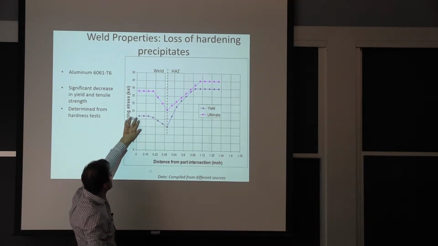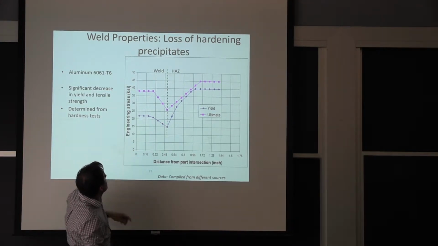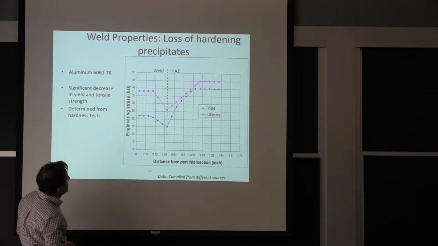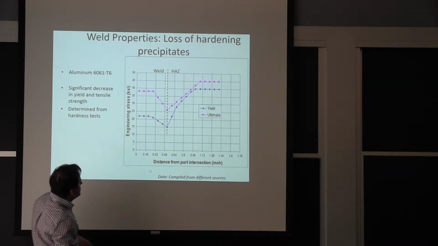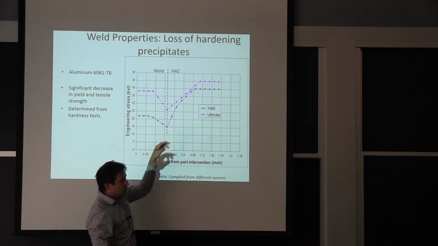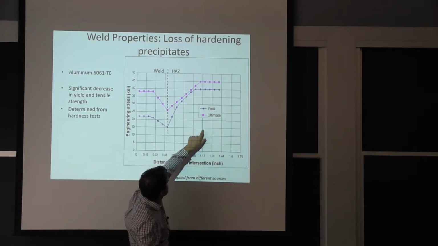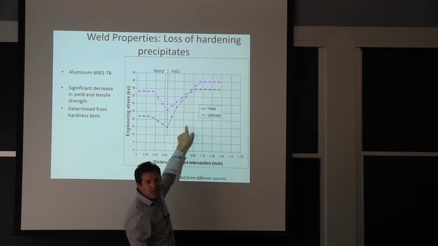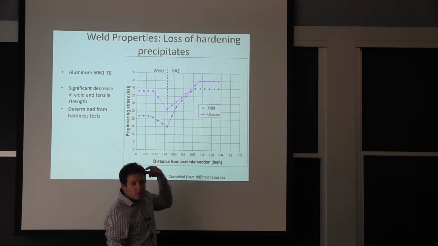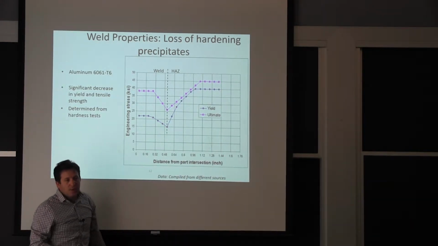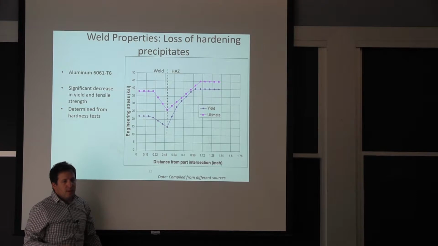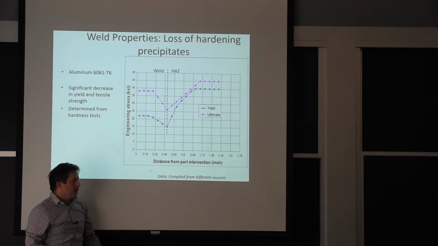So we're looking at a range of say 22 and almost 38 KSI. You go through the heat affected zone. In this case, the heat affected zone is all the way from here to where you become stable again. So that's the zone where you had a change in the properties of the base material. It didn't melt, but it changed the property.